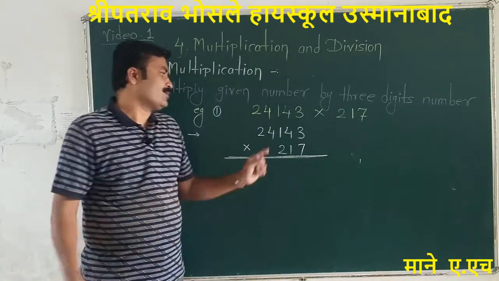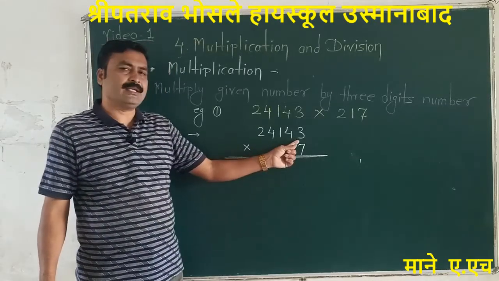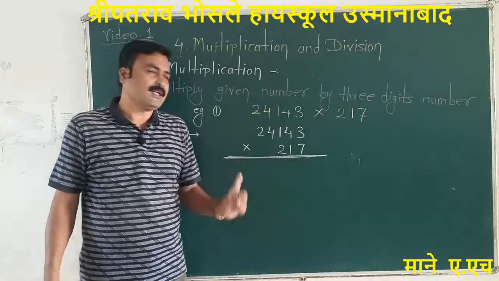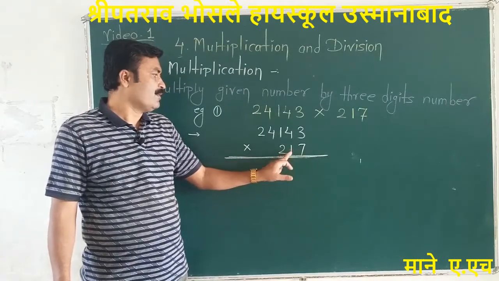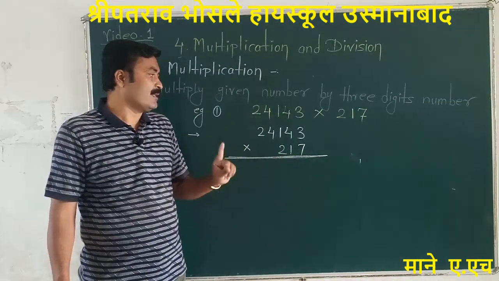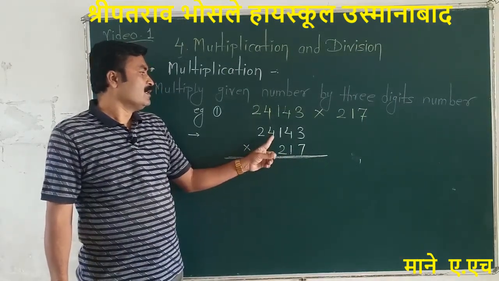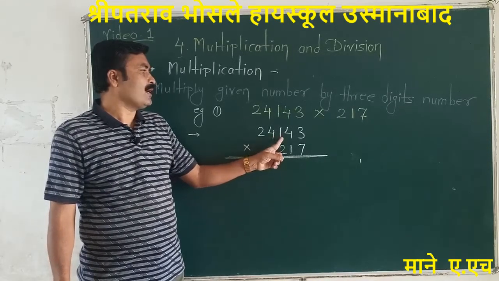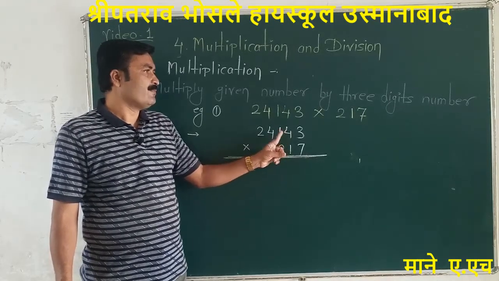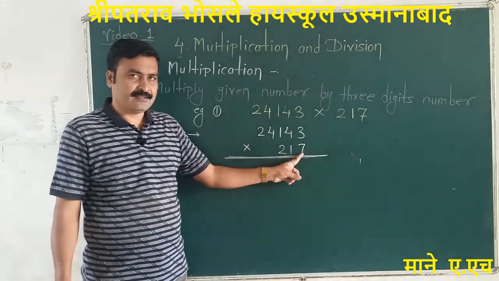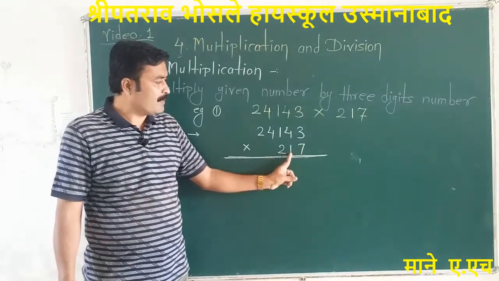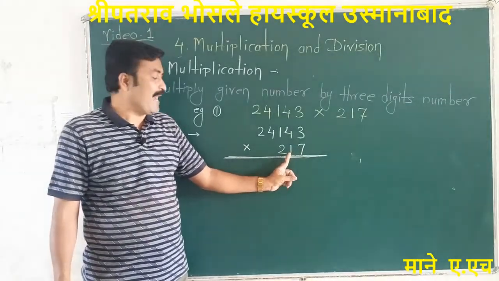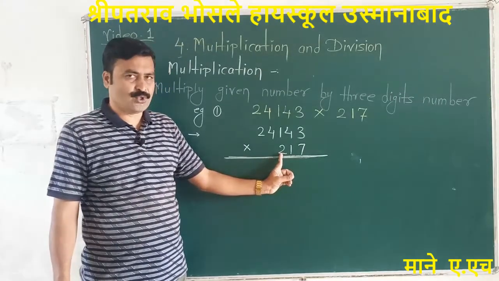Now instead of multiplying directly by 217, we separate it out and multiply by 7, then 1 and then 2. That means the above number 24,143 is first multiplied by 7, after that we multiply by 1, and at last we multiply by 2.